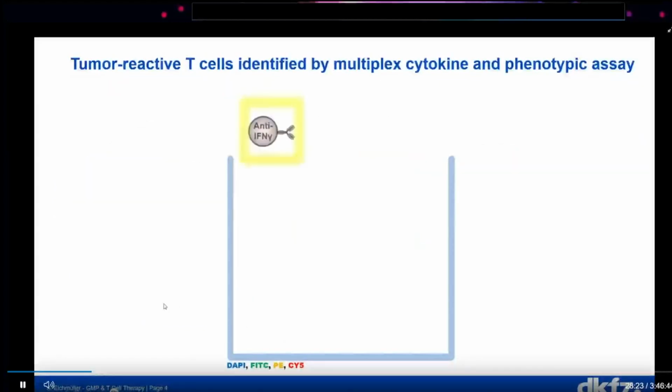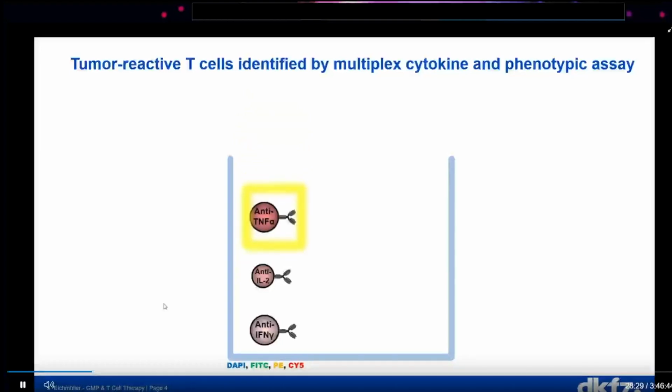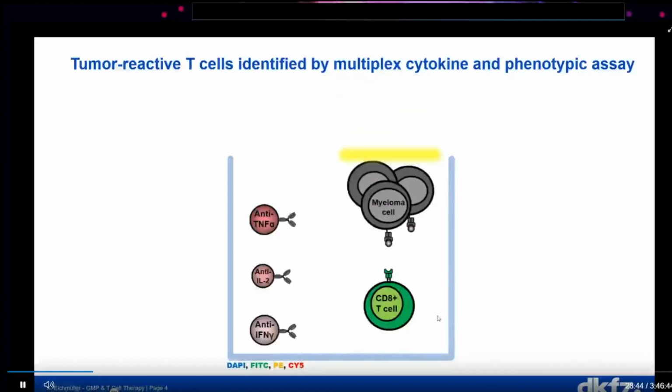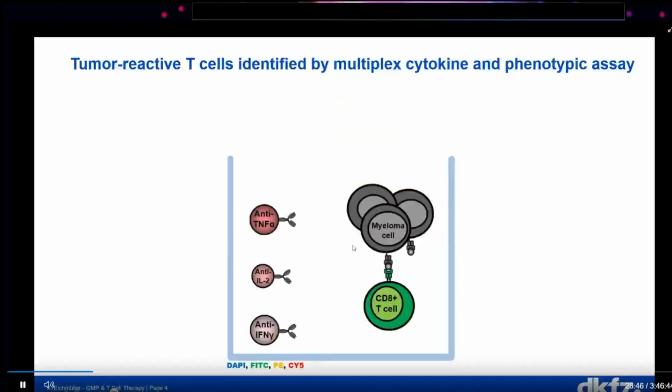We did the analysis of the reactivity of the specific T cells by looking at 3 different cytokines. We used capture beads with antibodies against TNF-alpha, IL-2, and interferon gamma. We loaded T cells and we loaded plasma cells. These plasma cells contain, as we know from the clinics, 30 to 80% myeloma cells.